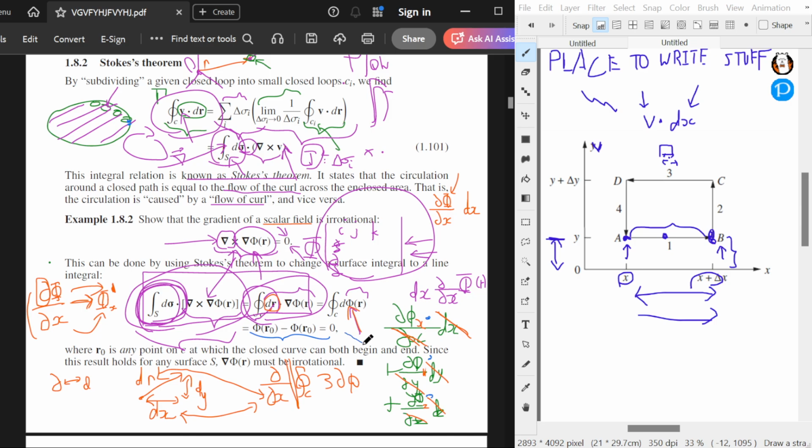So just minus each other, you'll get 0. Where R0 is any point on C at which the closed curve can both begin and end. Since this result holds for any surface S, the gradient of this must be irrotational.